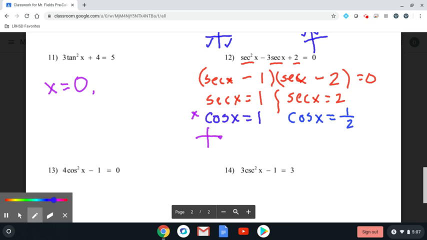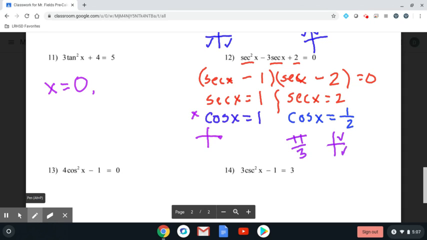So now that we have that 1 over 2, let's think about, since x is 1 over 2, what angle I'm working with. Well, when our x value is 1/2, we know that's the special angle of pi over 3. And since that 1/2 is positive, that tells us that we're going to be in quadrant number 1 and quadrant number 4, because that's when our x value is actually positive.